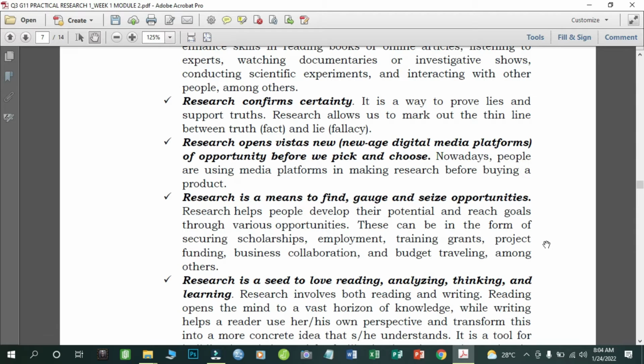So conduct research. Next, research opens vistas, new digital media platforms of opportunity before we pick and choose. Nowadays, people are using media platforms in making research before buying a product. I think you're familiar with Lazada and Shopee.